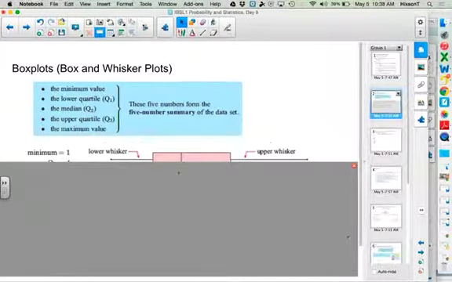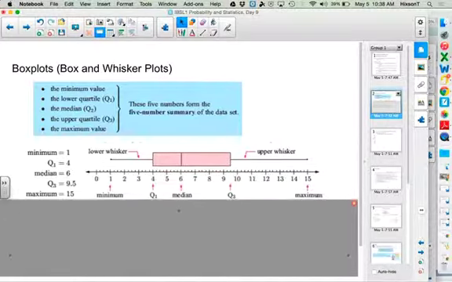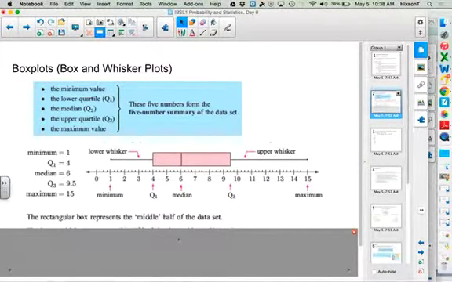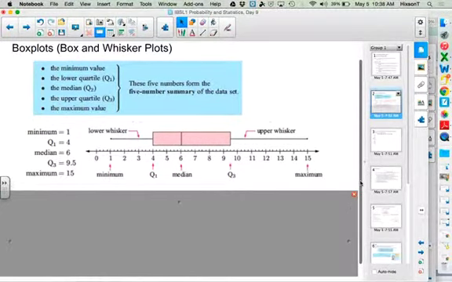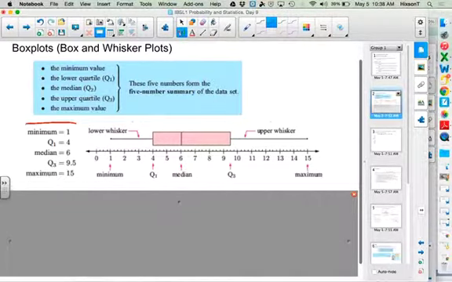So let's look at a box plot and see how all of these come into play. You'll notice we use these 5 points, here's our 5-point summary that we found from the data.